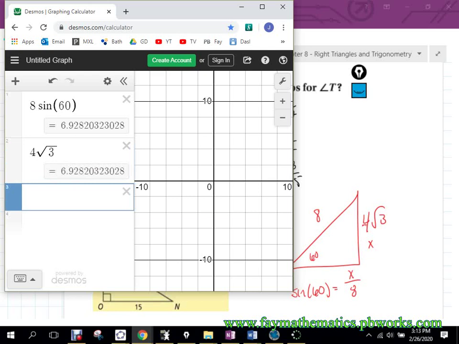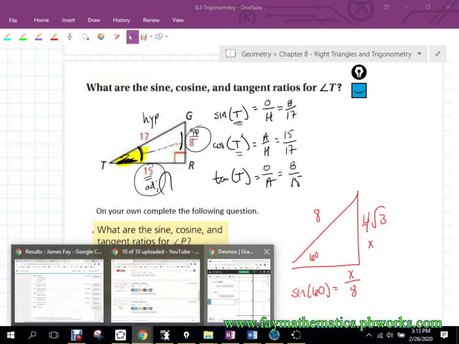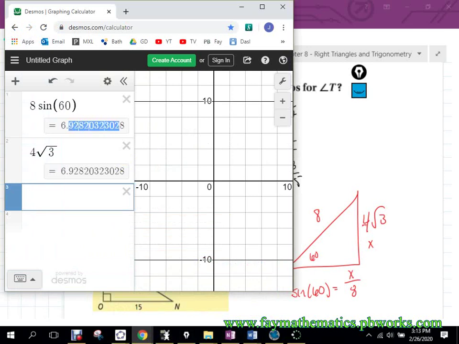Okay? The benefit of a 30, 60, 90, though, is that it's exact. 4 radical 3 is exact. And this is obviously a rounded decimal, right? Understanding that idea is that my calculator does not have the ability to go from a decimal to the exact.